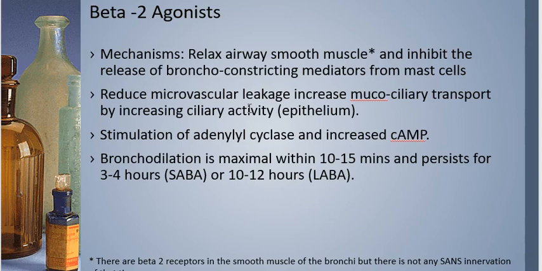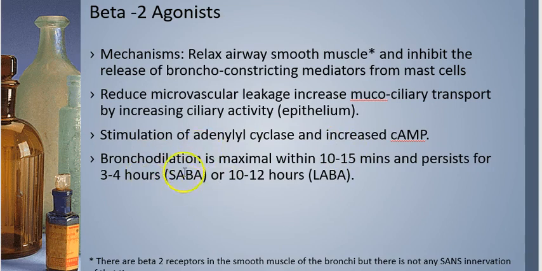So it's kind of a twofold mechanistic approach, but really when you talk about your beta-2 agonist, you're really thinking of this really potent smooth muscle relaxation. Okay, and this is going to occur by way of stimulation of adenylyl cyclase, and this is going to increase the amounts of cyclic AMP within the smooth muscle.